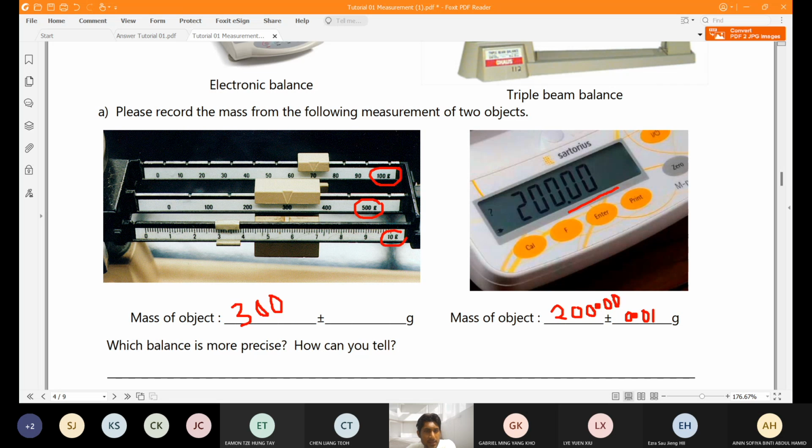So 3 has gone. Out of 500 gram, it will be 300 gram. Out of 100, it is 70. And out of 10 gram, it is 3 point something, right? After 3, the slide is even more than the 3. So let me check if anybody, 0.05, yes, Gabriel is good.